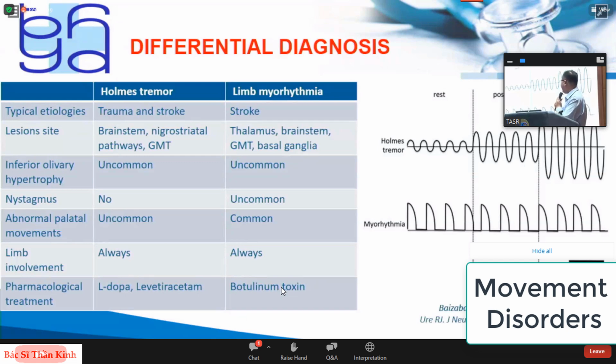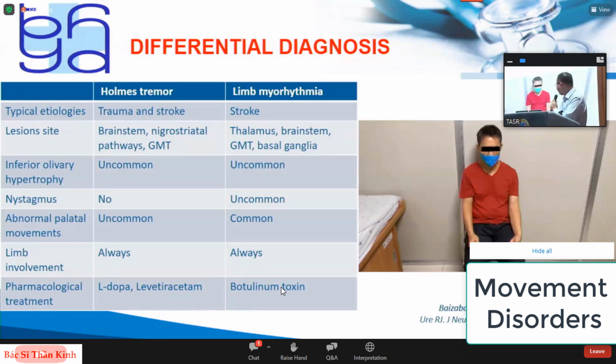As you can see in these images, in Holmes tremor the amplitude of the abnormal movement increases in posture and reaches the maximum amplitude in goal-directed movement. But in limb myorhythmia, when the patient is in postural or goal-directed movement, the amplitude may remain unchanged or be mildly modulated.